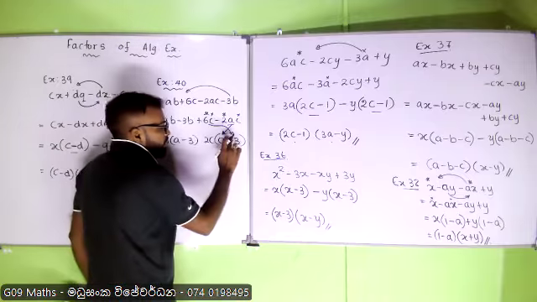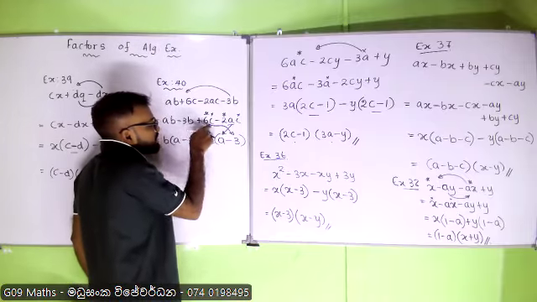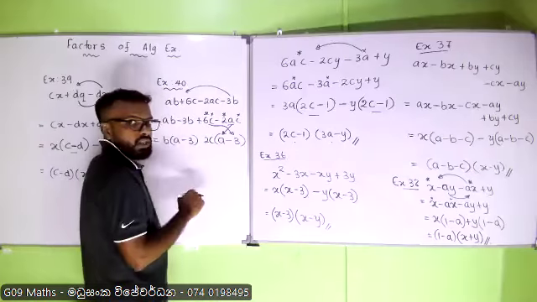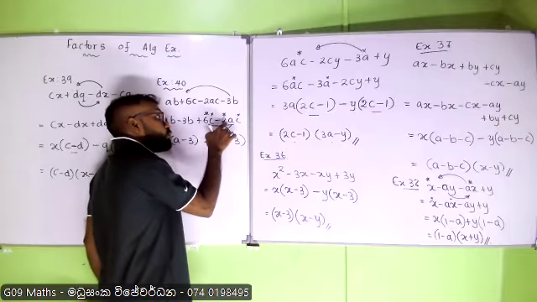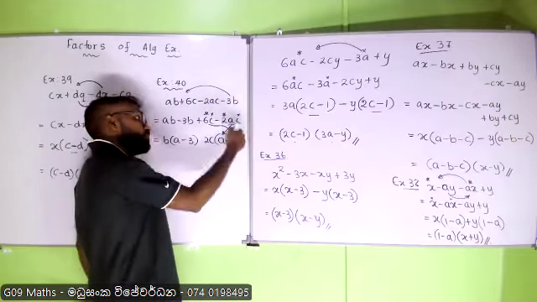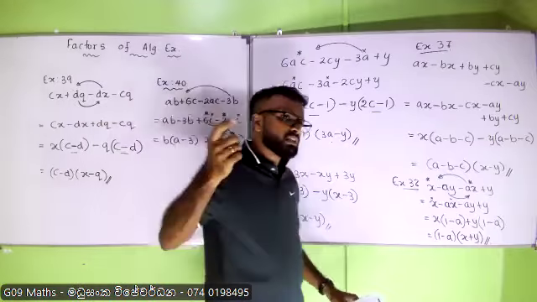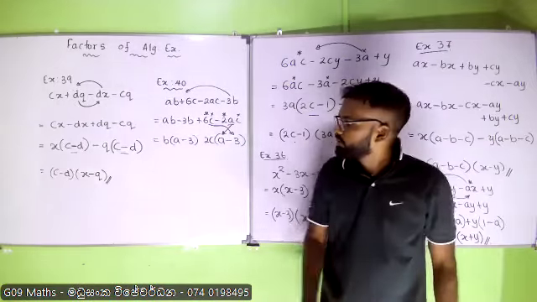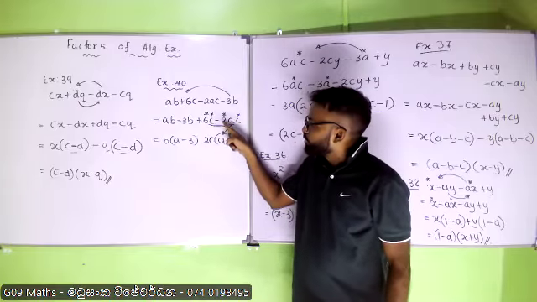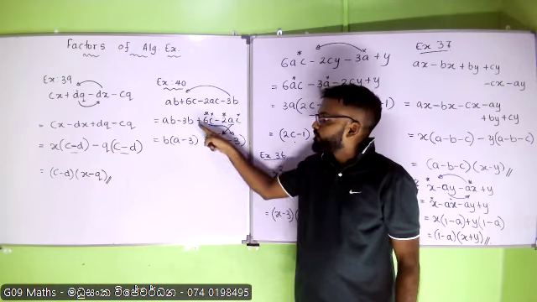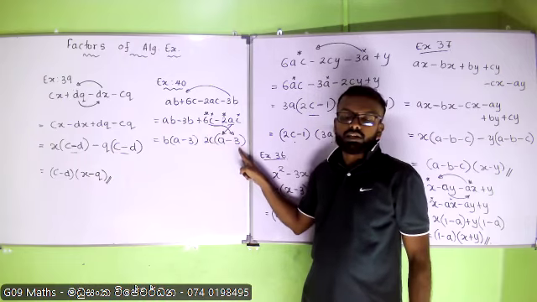Now, this is positive 6C. Positive 6C becomes negative 3. Negative 2AC becomes positive A. Did the sign changes happen? Yes. Why? Negative 2AC becomes positive A, and positive 6 becomes negative 3.